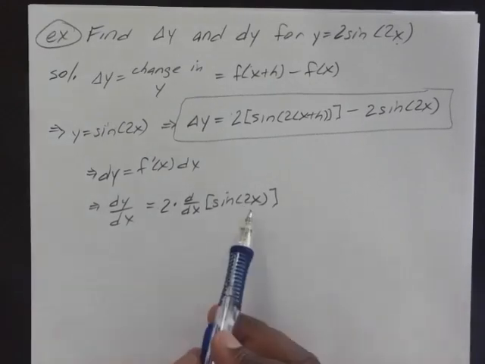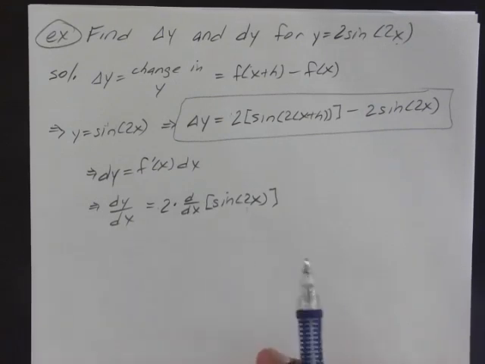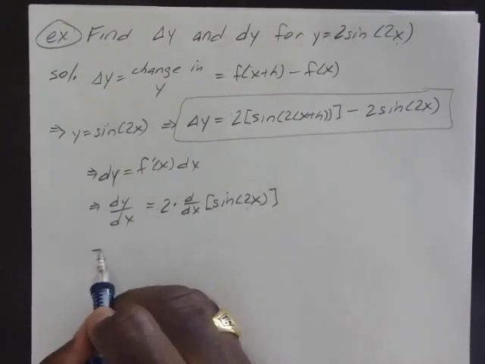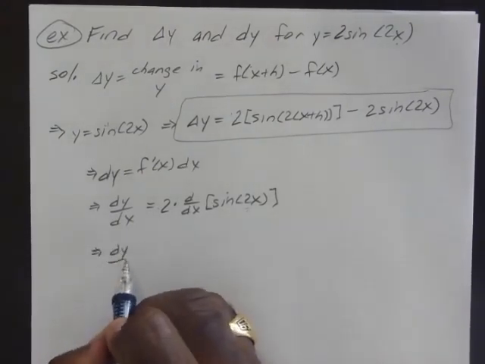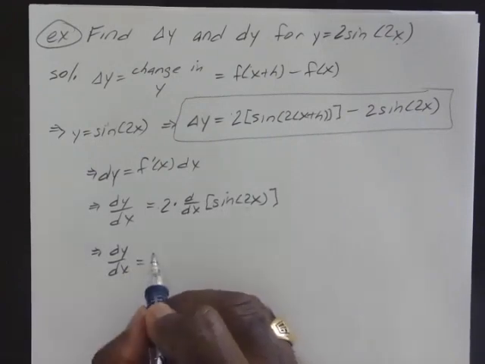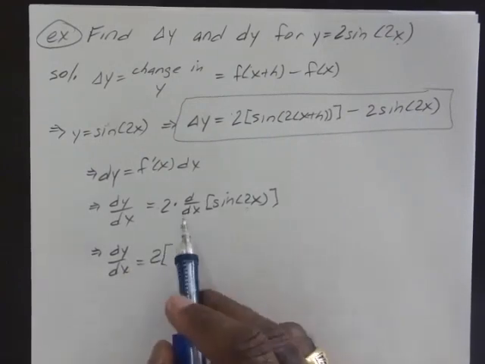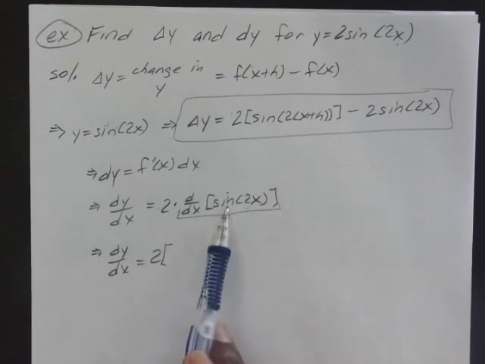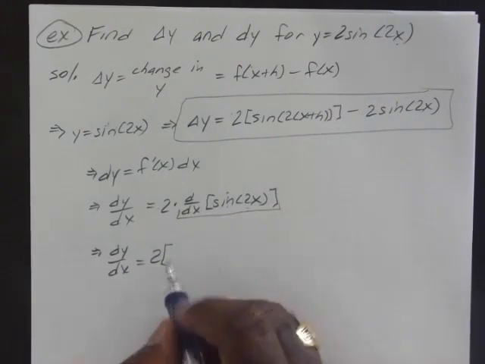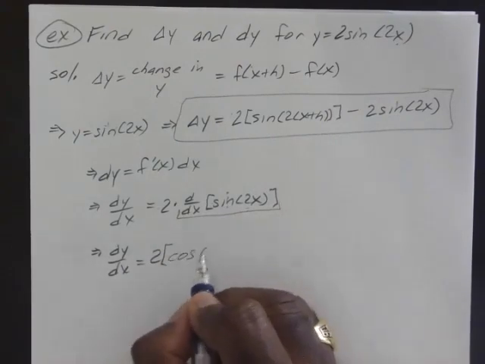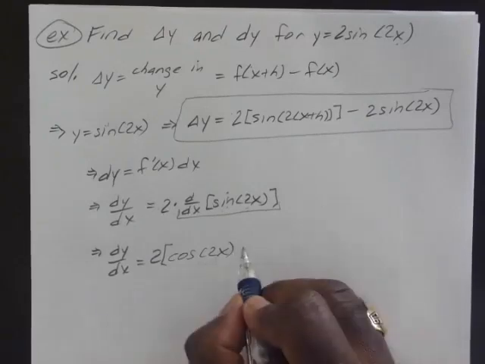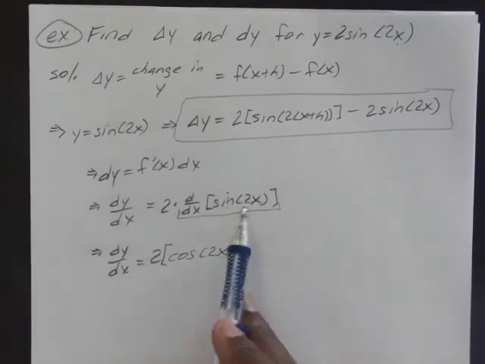Since this isn't just sine of x by itself, we have to use the chain rule for trig functions. Which means your dy dx is equal to 2 times the derivative of sine, which is cosine, so cosine of 2x times the derivative of what's inside.